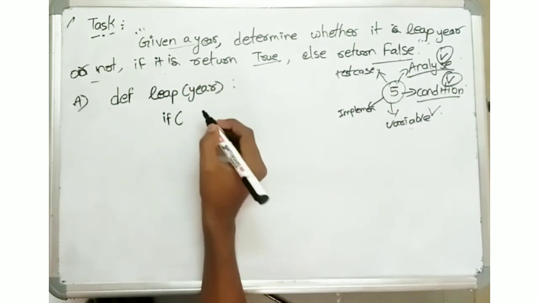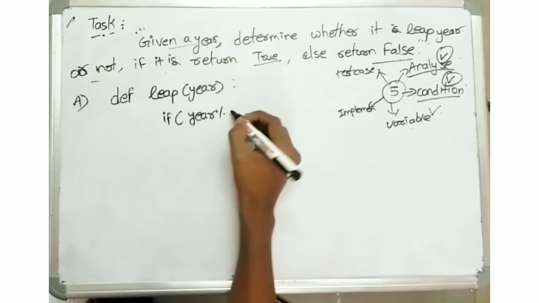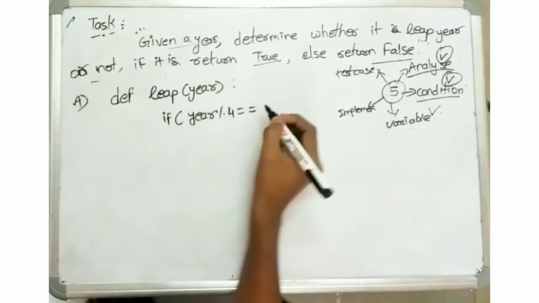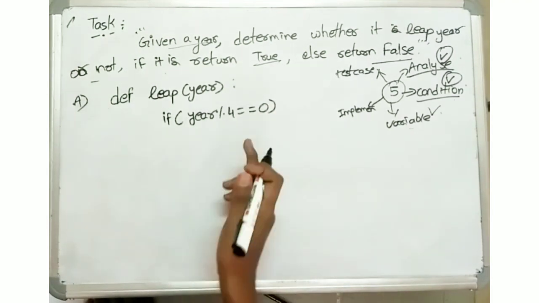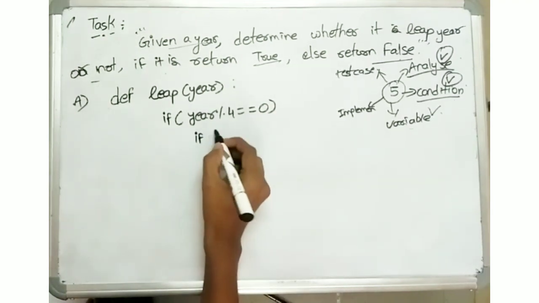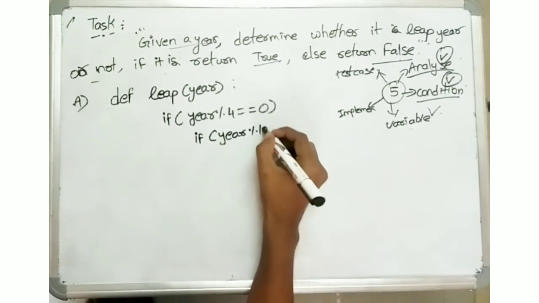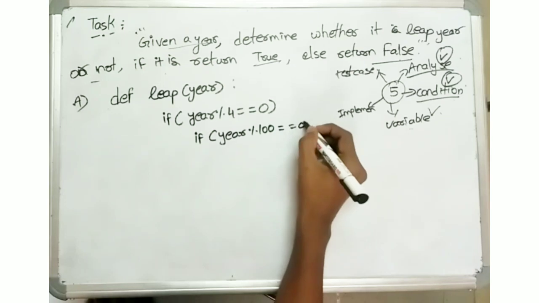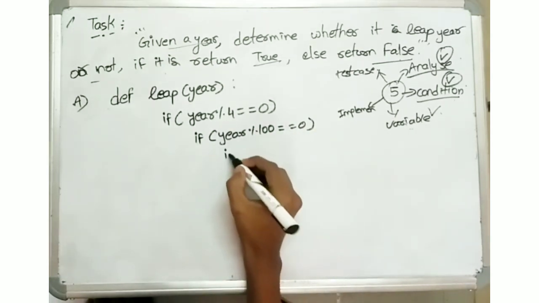First, what is the initial condition? If year mod 4 is equal to 0, what do we do? We check with another condition. If year mod 100 equal to 0, if it is also satisfied, we check another condition.